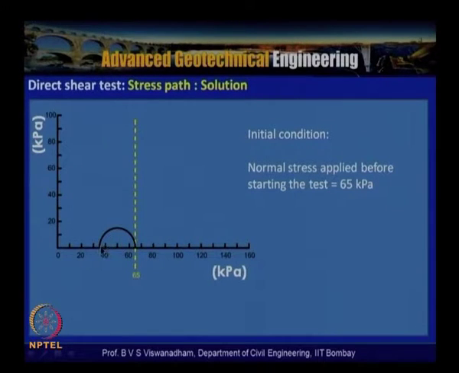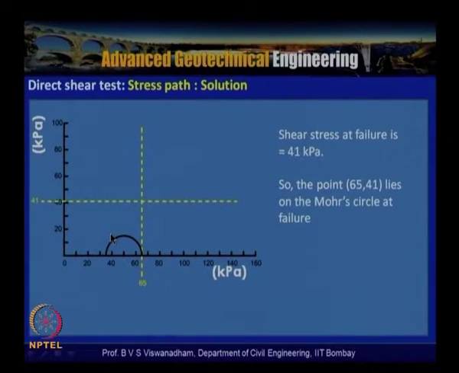With that, 65 minus 35, that is 30 kilopascals, as the diameter, when you draw the Mohr circle, you will get the initial Mohr circle for the initial condition. Then the failure shear stress is located at 65 kilopascals normal stress, and the shear stress is somewhere around 41 kilopascals.